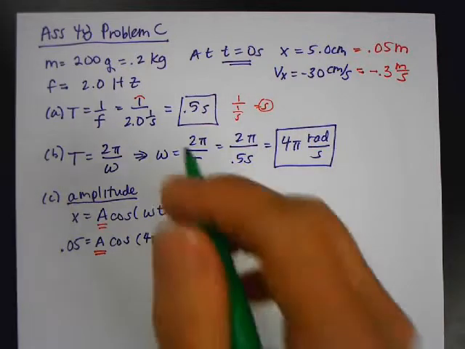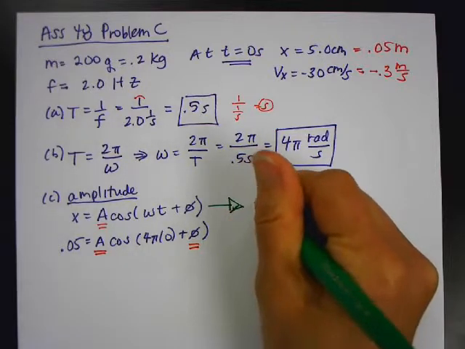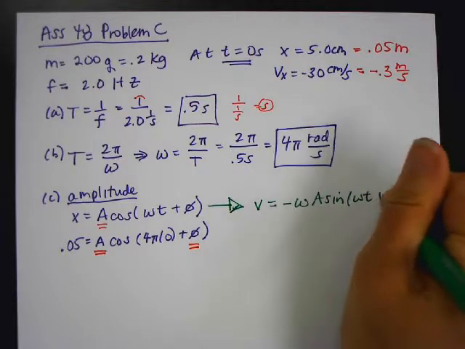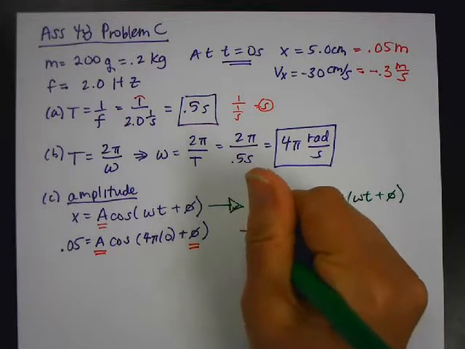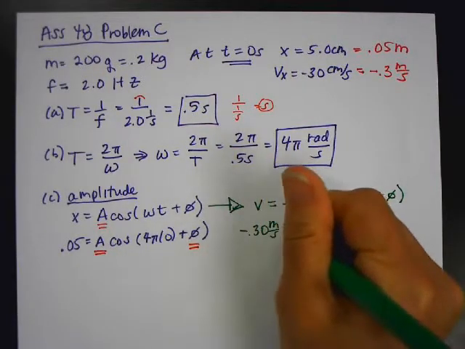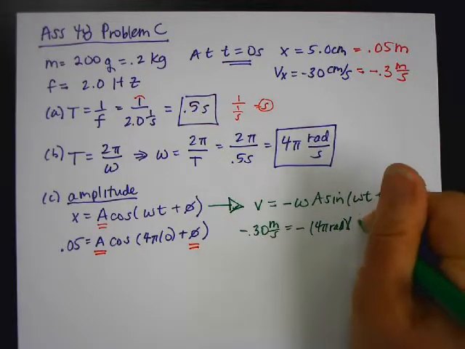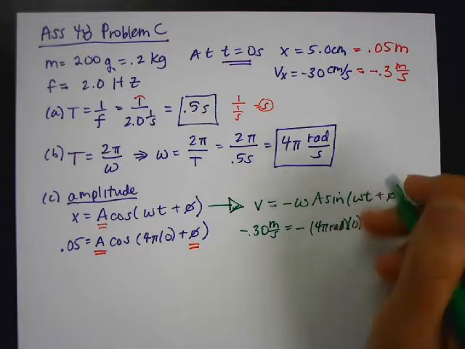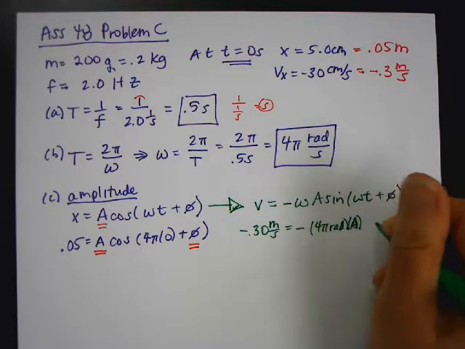So what I can do is take the derivative of this. The derivative is v equals negative omega A sine of omega t plus the phase constant. And I can now substitute in negative 0.3 meters per second equals negative 4 pi radians per second times A, let me already put the 0 in for time, and then sine of that.